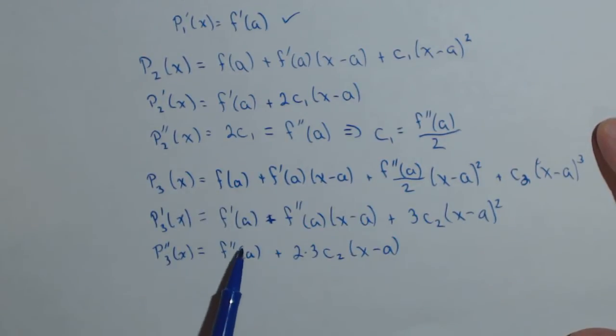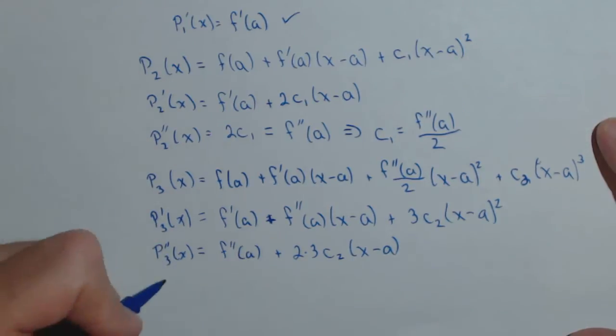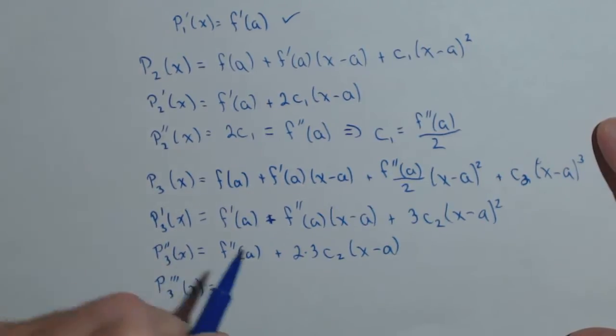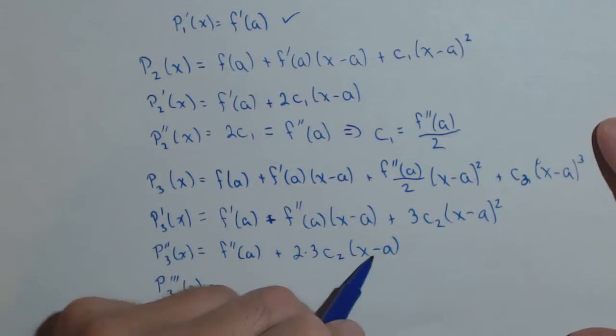Again, this will still match up the way we want it to, because if I plug in a, the second derivative of the third Taylor polynomial at a is equal to the second derivative of f. So everything's still matching up real nice. Last thing we need is the third derivative. And that's going to get rid of this. It's going to get rid of this.